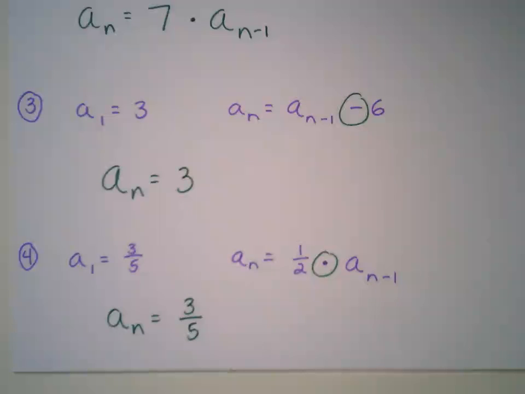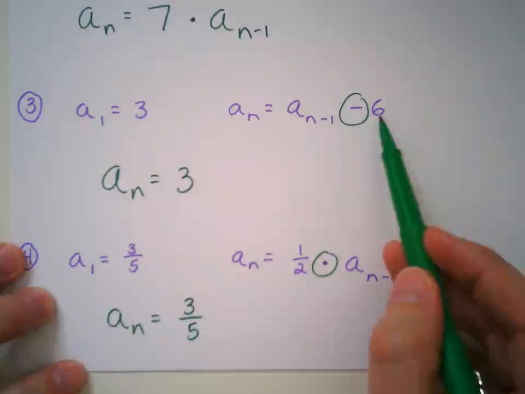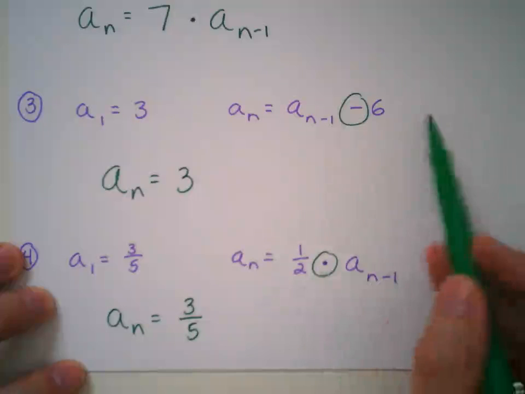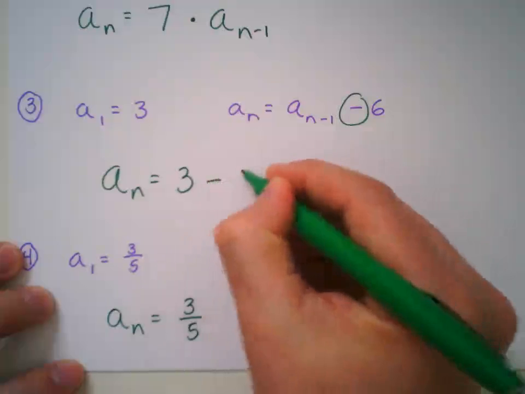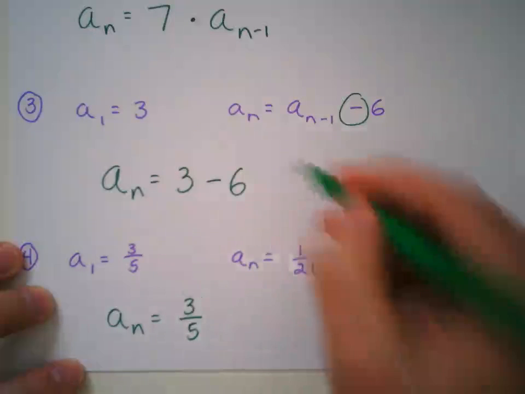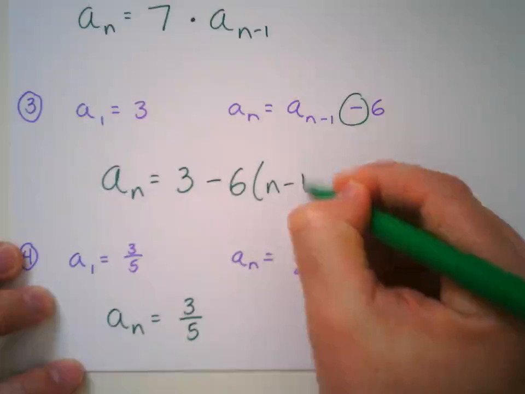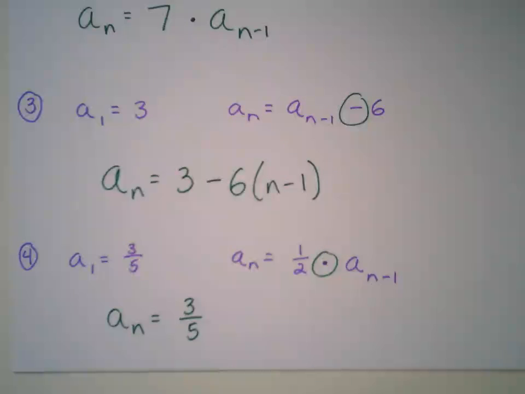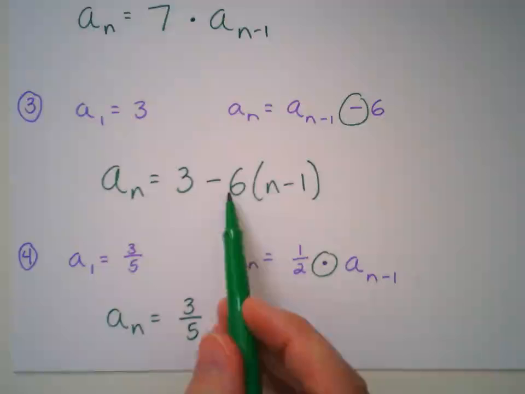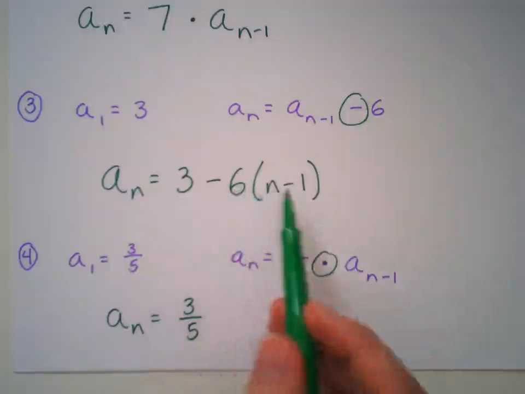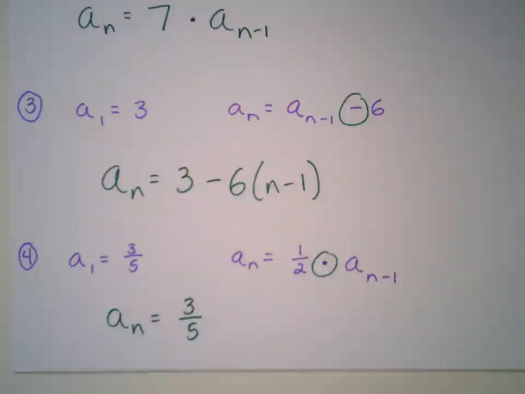Now the next step is you put your common difference or common ratio. Our common difference up here is minus 6, so we put minus 6, and then what attaches to that is the n minus 1. Because it's a subtraction, because we're essentially adding a negative 6, or you can say we're subtracting 6, it attaches to the n minus 1.